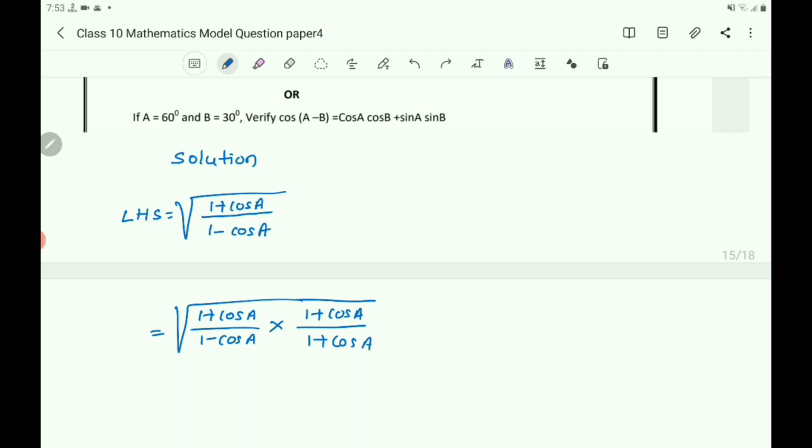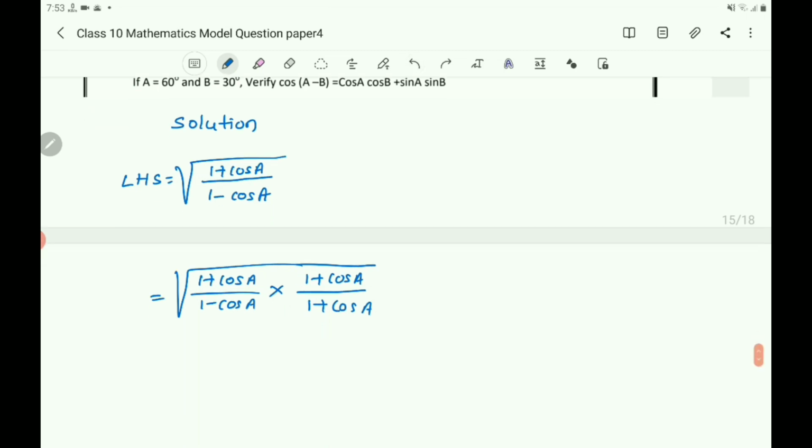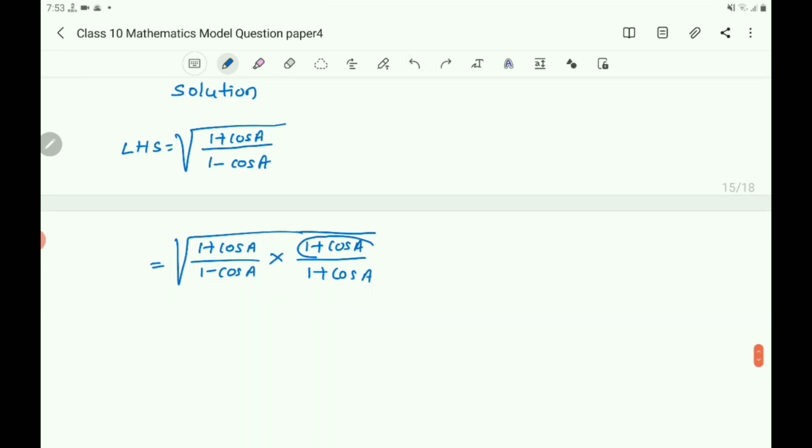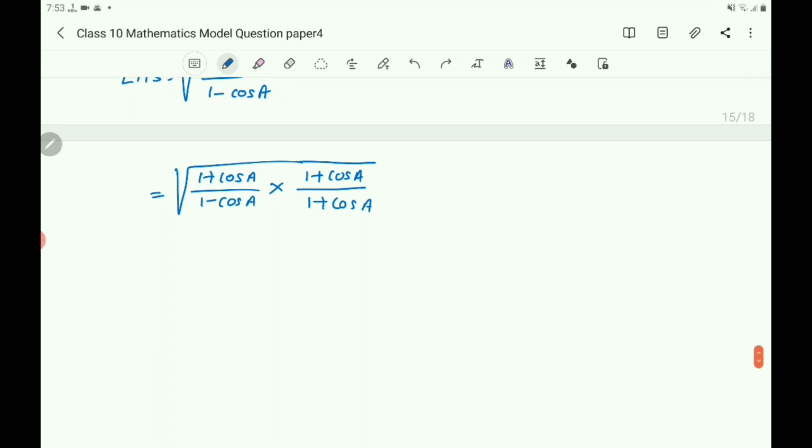So to have the rationalizing factor of this one, you can have 1 plus cos A. So multiply both numerator and denominator by 1 plus cos A.